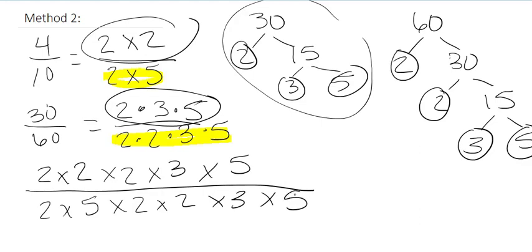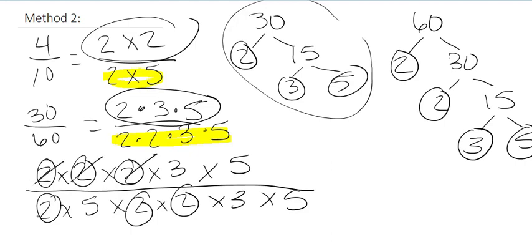And now we can divide out the numbers that we found on the top and on the bottom. So we notice that we have 3 2's on the top and 3 2's on the bottom. So we're going to cross out all of these because 2 divided by 2 is equal to 1. And now we notice we have 1 3 here.